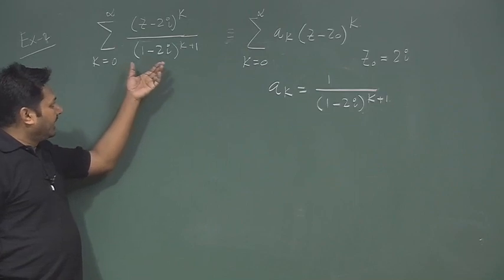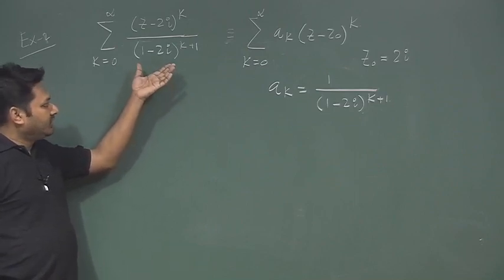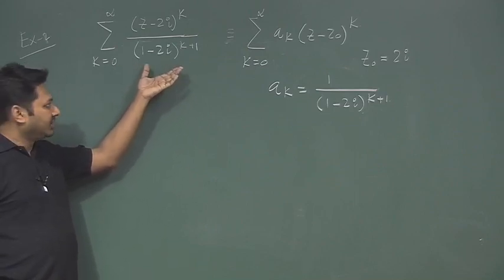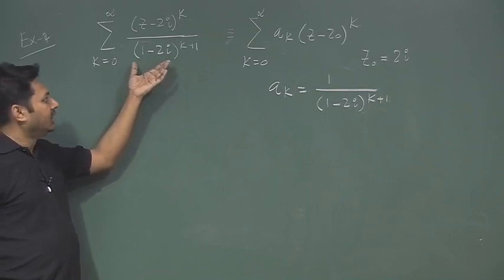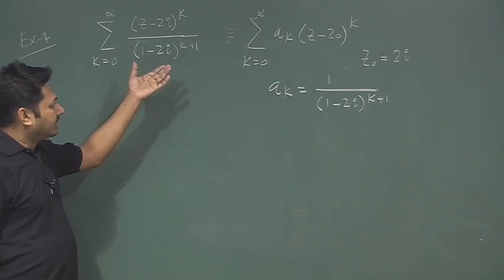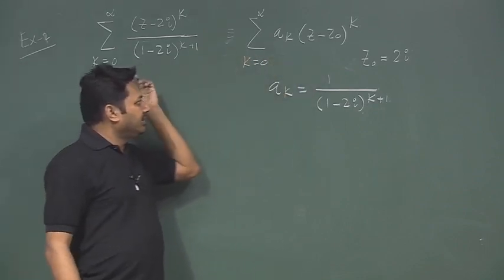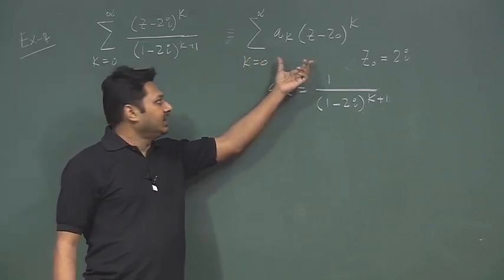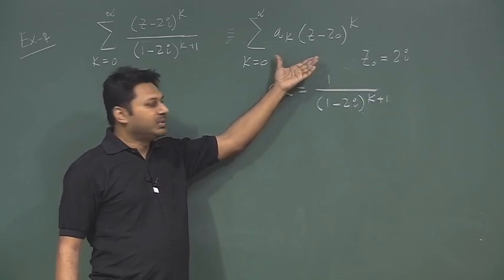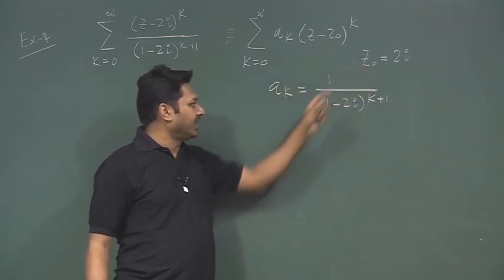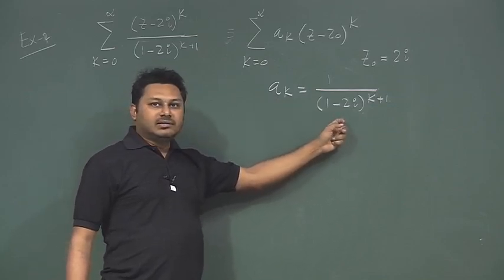So, a series is given to me and we need to find out the radius of convergence for this series. So, my goal is to find out the radius of convergence, and this series can be written in this particular form, a_k (z minus z0) to the power k, which is nothing but a power series, where z0 is that and a_k is this quantity.